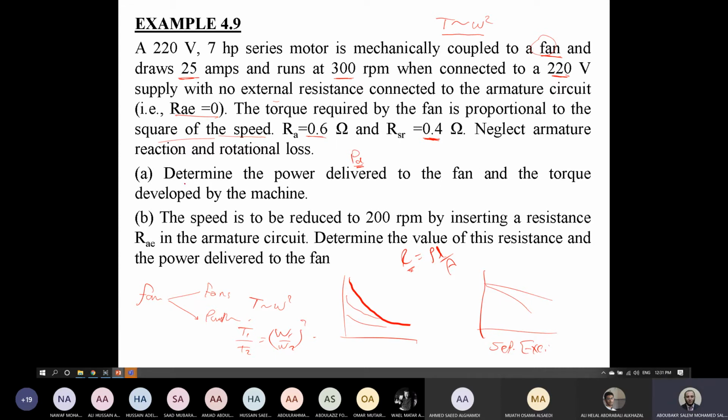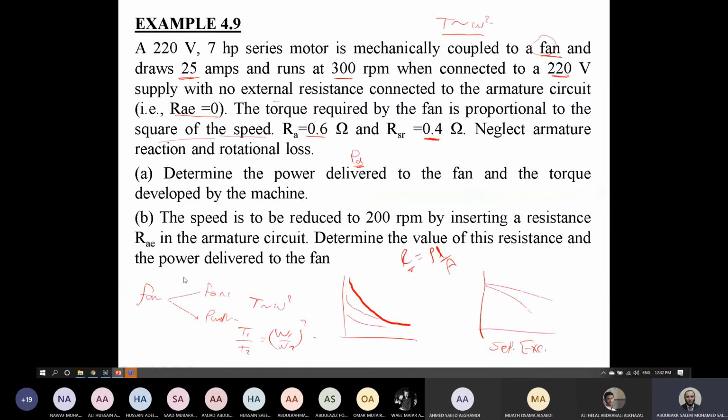It's required here in part A to provide the power delivered to the fan and the torque developed by the machine. How can we calculate them? Who can help me to solve this part? We need to determine the power delivered to the fan and the torque.